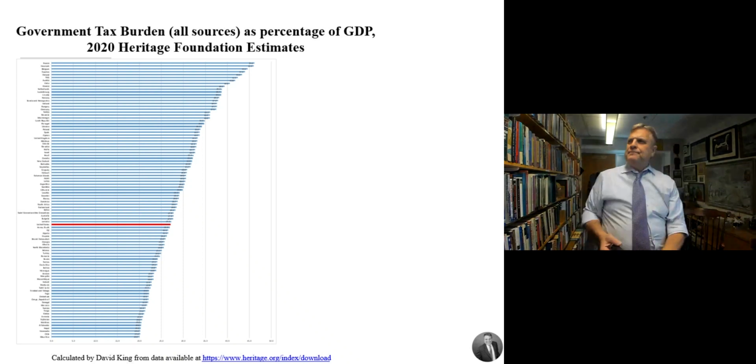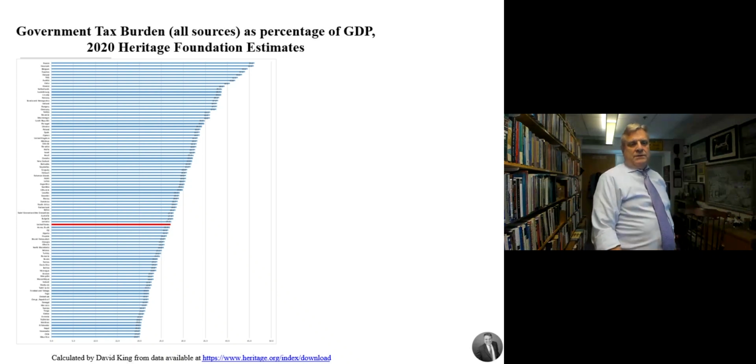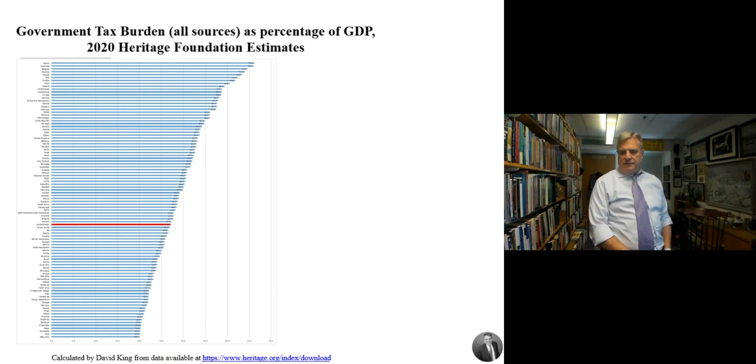One of the fascinating realities when you look at comparative data, United States versus other countries, is that if you look at the percentage of the gross domestic product that goes into taxation or user fees across all levels of government, the United States government appears to be relatively small. I have a link in here.